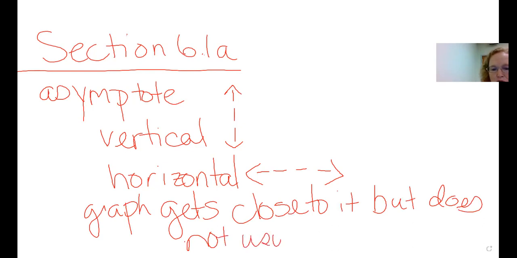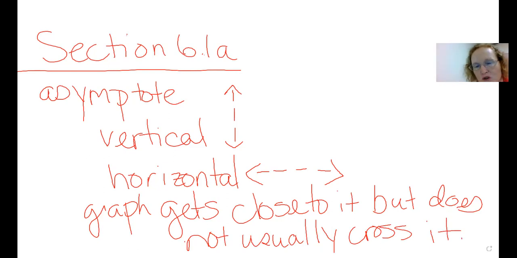And I'm going to say usually cross it. The reason I'm going to say that, you may have heard in the past, if you just came straight out of high school and you remember doing them in Algebra 2 or something like that, you will hear people say that graphs get really close to asymptotes, but they never cross them. Yeah, that's true about 99% of the time.